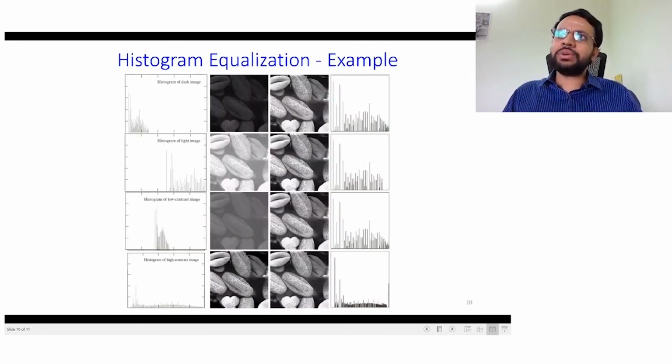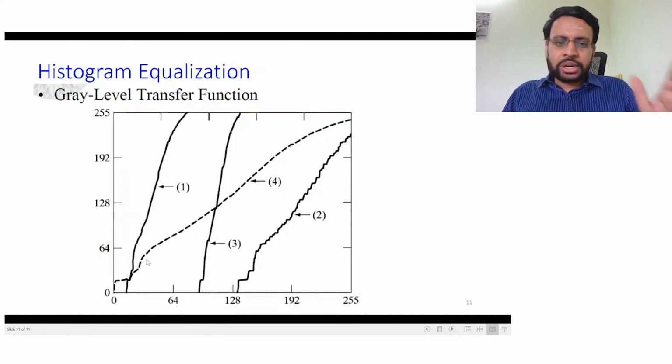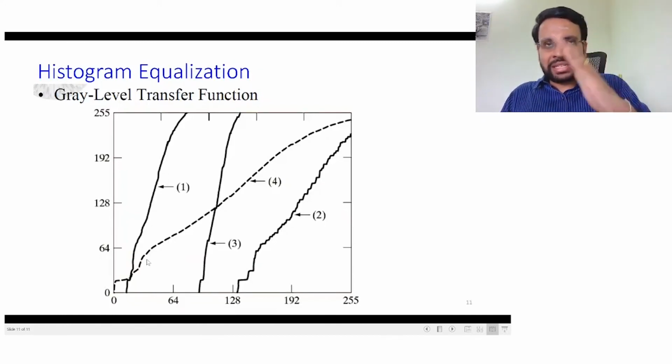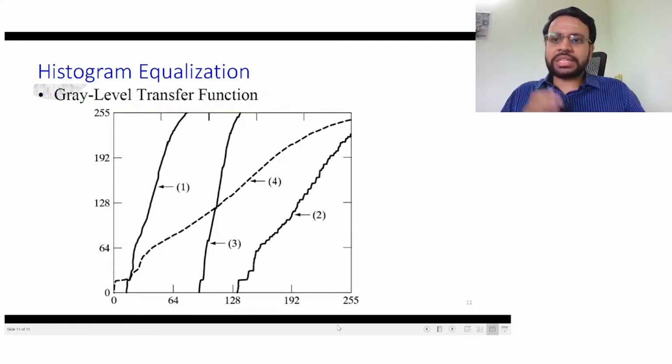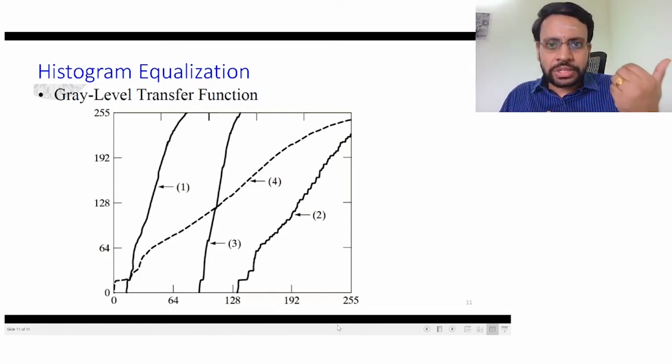I'll just leave you with some questions which I want you to ponder over, and maybe we will discuss them in the next class. One question is the plot for R versus S. You are plotting R on the x-axis, the transformed intensities on the s-axis. What is the nature of this plot?